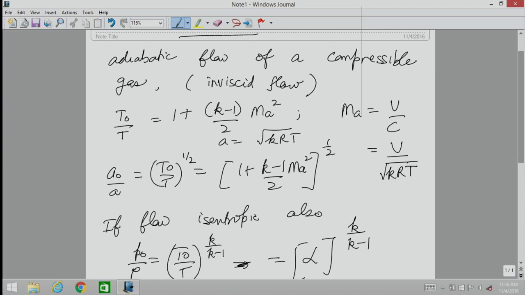For example, if there is gas in a chamber and we want to pull this out, we will reduce the pressure outside the chamber, and that is what will cause the gas to flow. So that means it starts from stagnation conditions and it comes out through some sort of a pipe from where it is flowing down. So in this course we will restrict ourselves to equations of inviscid flow.